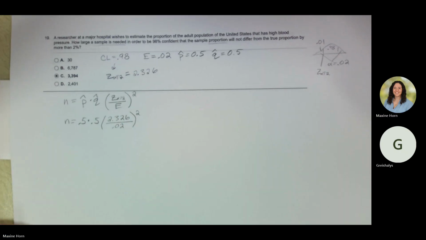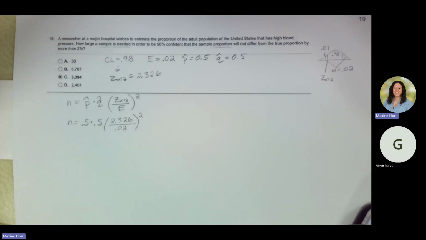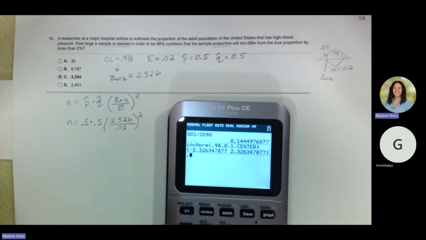Now remember, this is n, the sample size, so whatever number we get, we need to go up to the next whole number. So I'm going to do 0.5 times 0.5 times 2.326 over 0.02, and I'm going to square that.